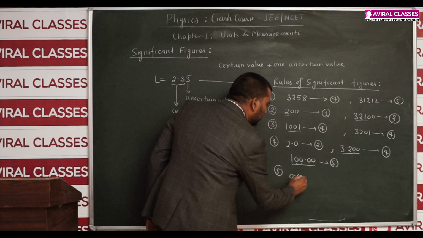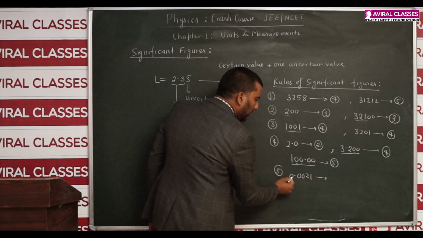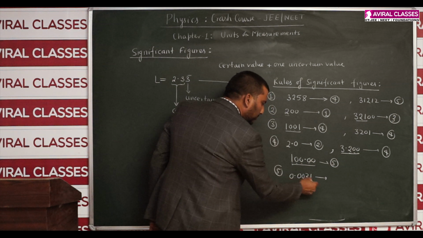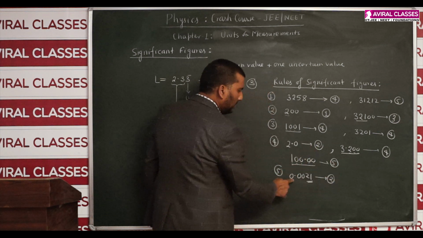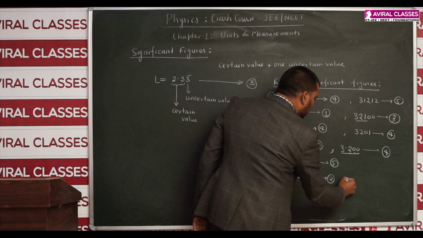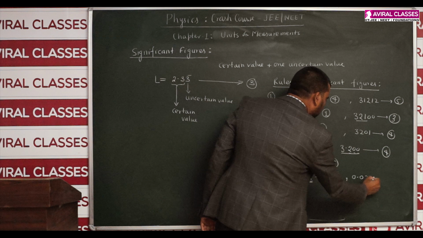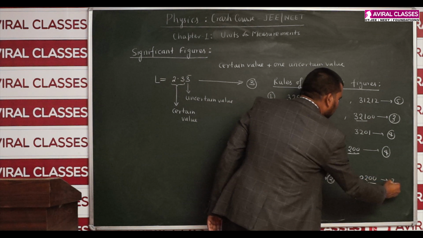Like 0.0021, if we have a measured value like this, then these two numbers will be significant only, because before the decimal it is 0. If there is 0.0200, there are 3 significant figures.